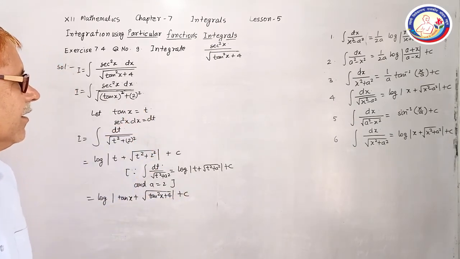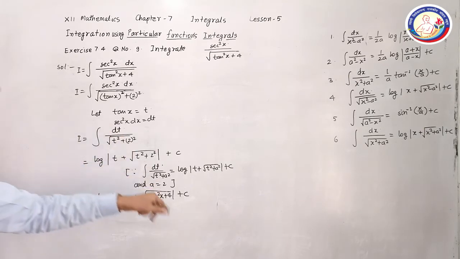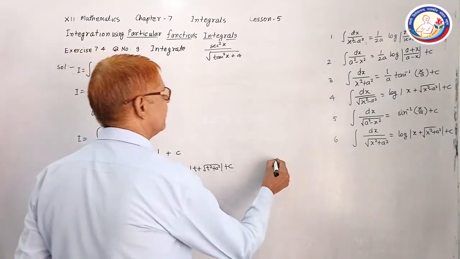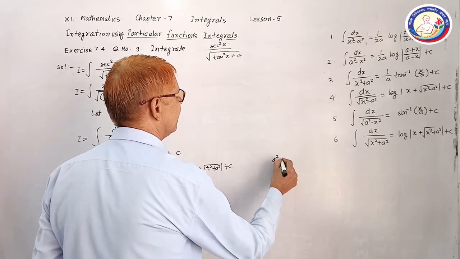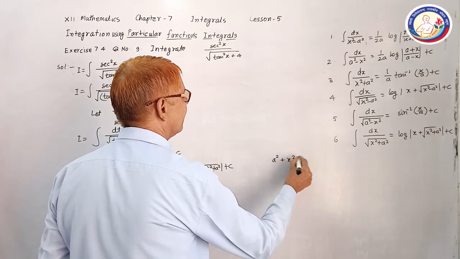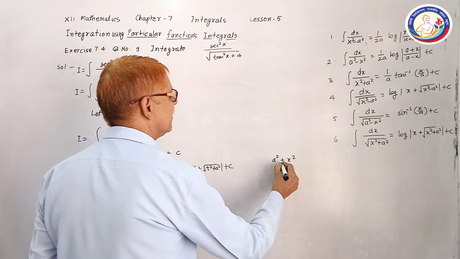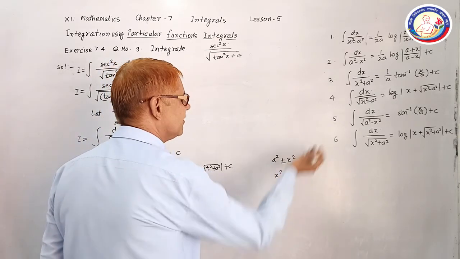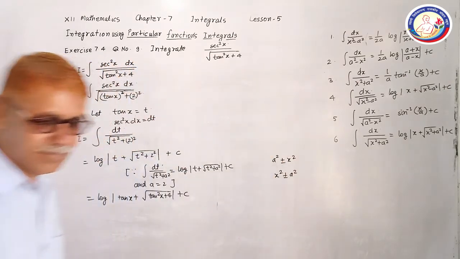So up to this we have chosen some easier question. Now we proceed towards next type of question, in which we have to adjust the term containing in denominator in this form: a square plus x square, or x square plus a square plus minus this, or x square plus minus a square, with square root or without square root.